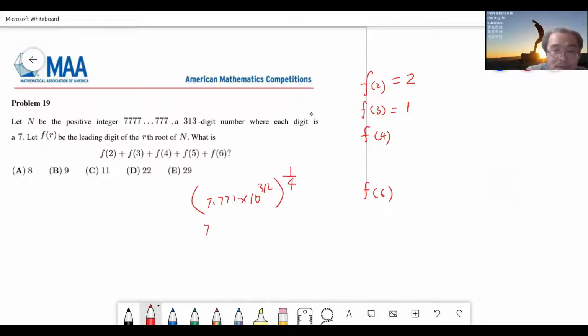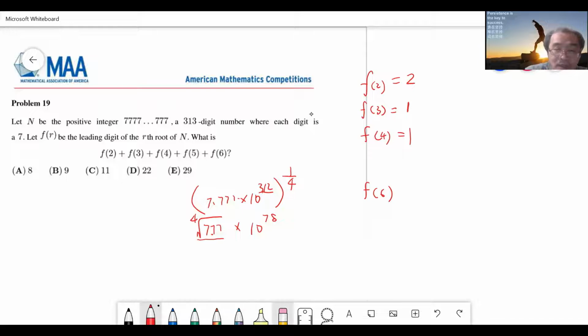Then this gives us 7.77 times 10 to the power, this 312 divided by 4, so give us 78, right? So this gives us the leading digit is 1, right?